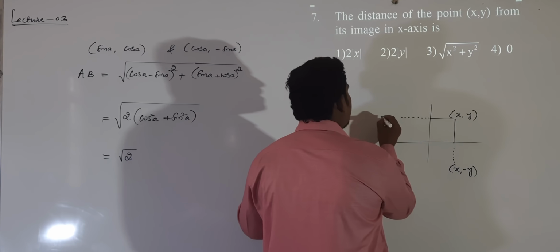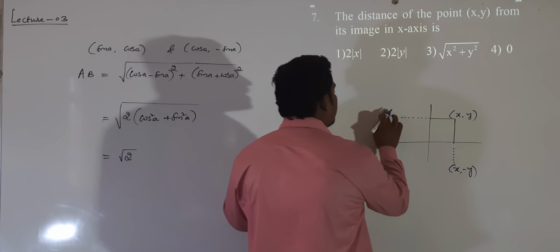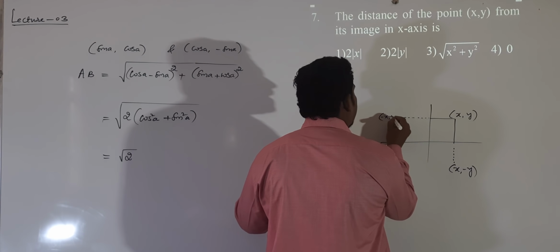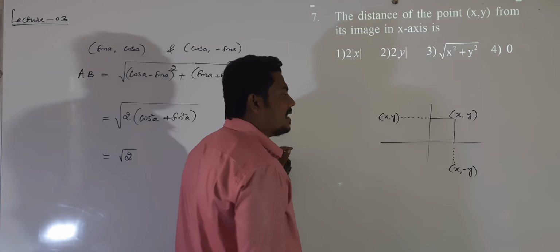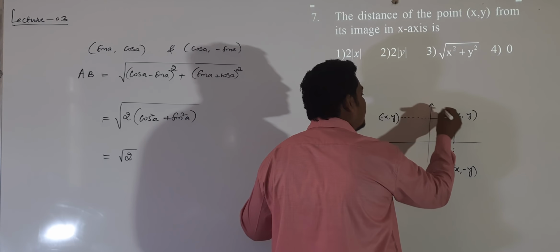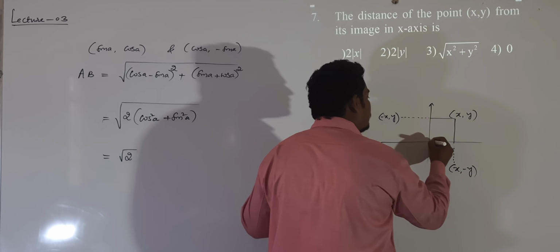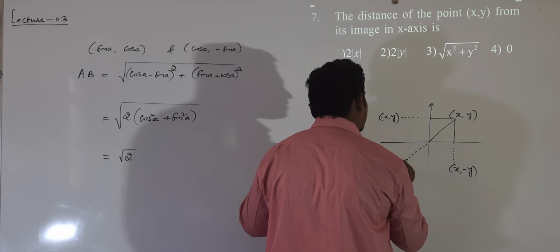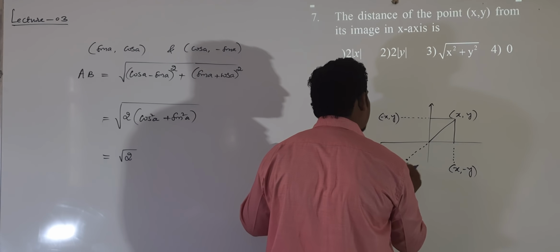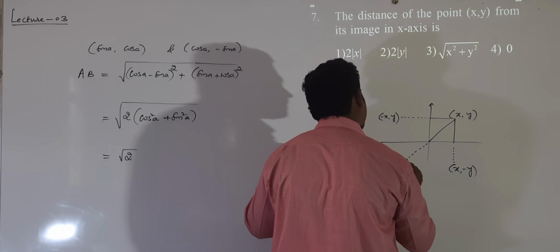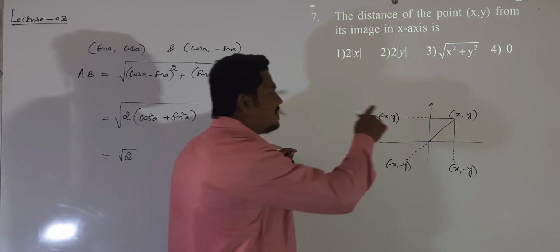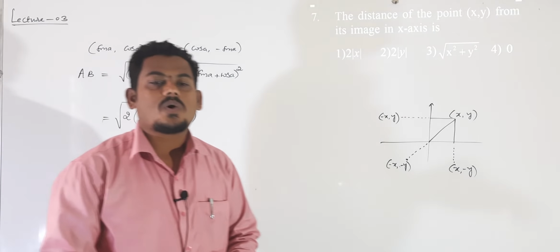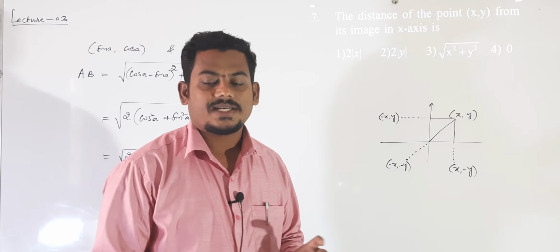Image of this point with respect to y axis means x coordinate negative, y coordinate positive. If you take the image of this point with respect to origin, clearly it is in 3rd quadrant, and in 3rd quadrant both the coordinates are negative, right? This is the image of one point with respect to coordinate axis and with respect to origin.